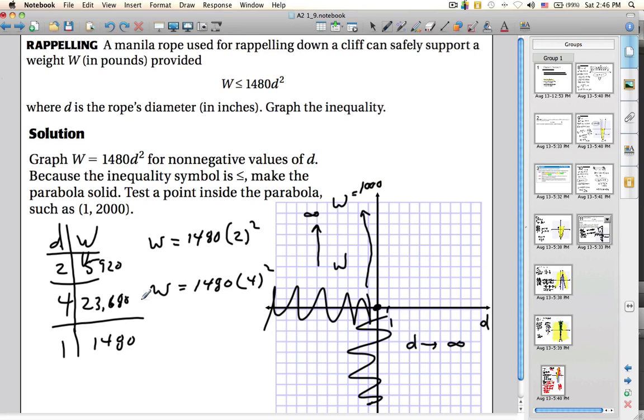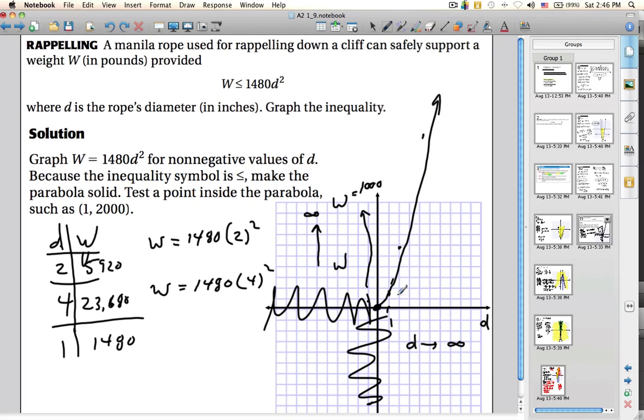That's going to make it easier for me to graph this information. So this is about 1,500. At 2, we're almost at 6,000. 1, 2, 3, 4, 5, 6. So just a teeny bit under 6,000. And at 4, we're way up at 23,000. So this is 10,000. 23,000 would be way up there. So this is the way the graph goes.